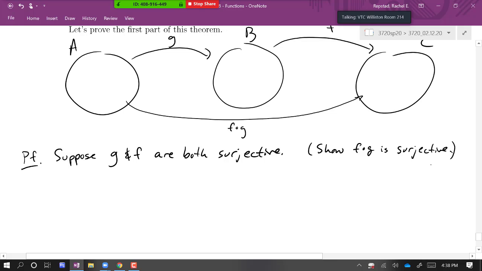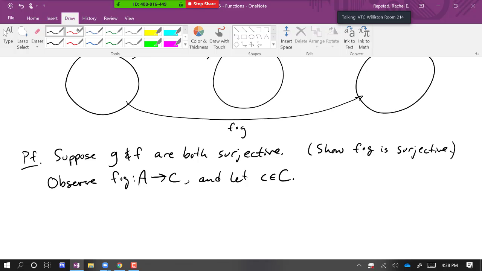So to show that f of g is surjective, keep in mind f of g maps from A into C. We want to pick an element of our codomain, so we're going to pick an element of C. So let c be an element of C. I'm going to sketch that right up here.